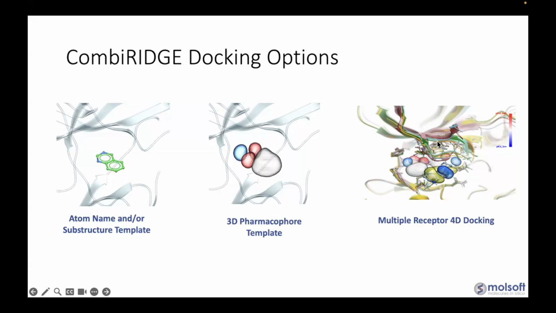You could also use snapshots from MD. And so you dock the anchors not to just one receptor, but to multiple receptors in one go. Over many years, most of us have been working on induced fit docking, and this is a very efficient way of doing multiple receptor docking.